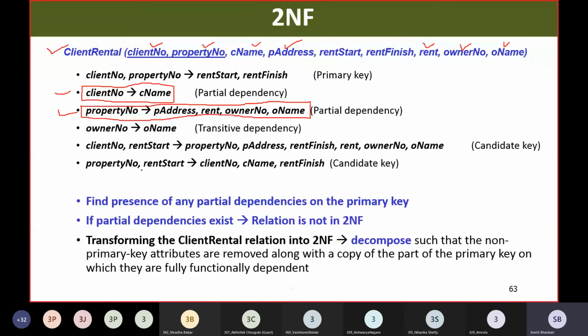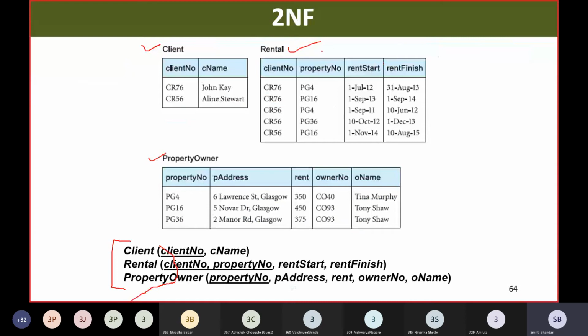So we have formed the client table and the property owner table, and what remains? These attributes are covered under these two tables. So which attributes remain now? Rent start and rent finish, right? So we are going to create another table having these two attributes along with the primary key.